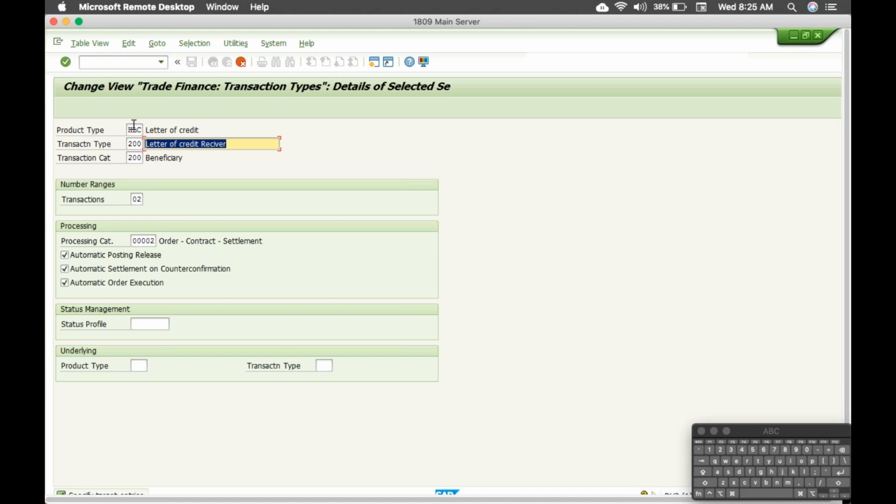Then again they are going to send it to the vendor side also. Who is the beneficiary in this case? Vendor is the beneficiary. Bank guarantee receiver. Who is the receiver? Receiver should be vendor only, no? That is why beneficiary is the vendor.